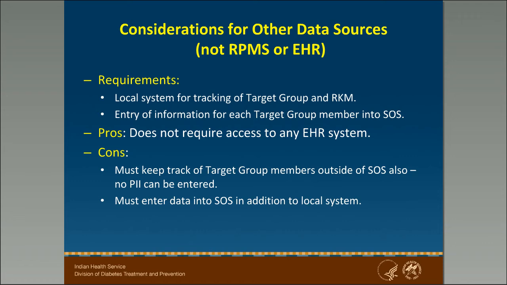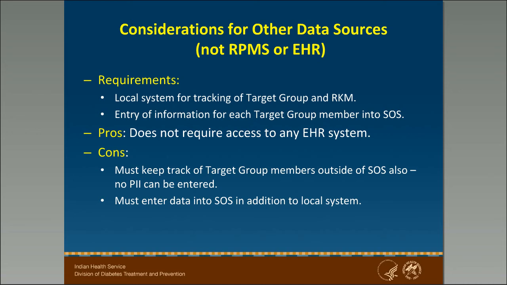So for those that may have other data sources, some requirements are that they'll need a system for tracking their target group and required key measure, and entry of information for each target group member into the SOS. One of the pros is that you don't need access to the EHR in order to do this. You can use whatever system you have in place that works for you.